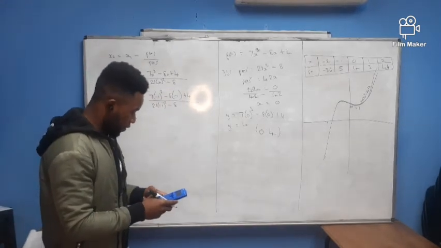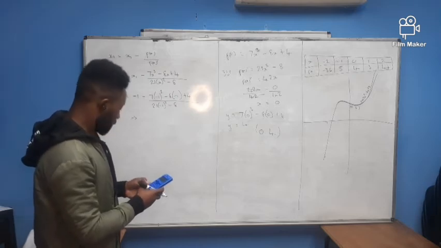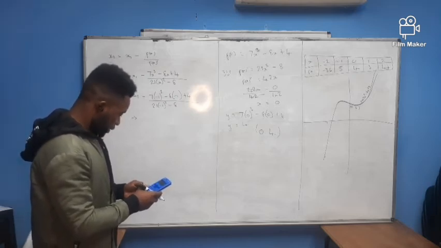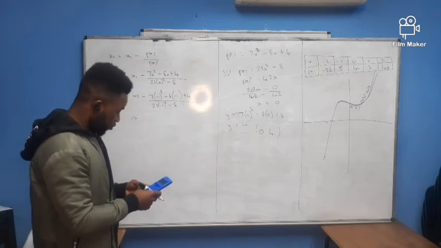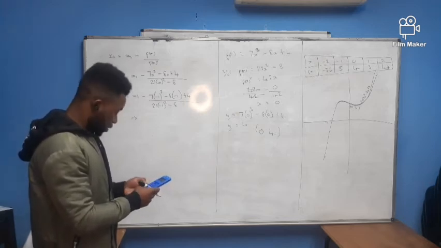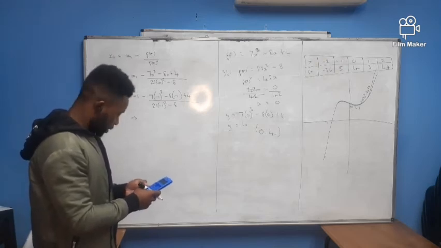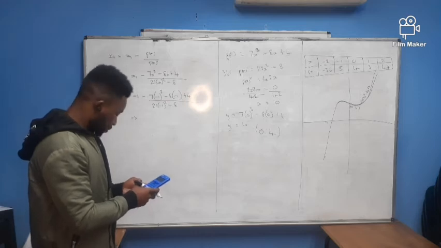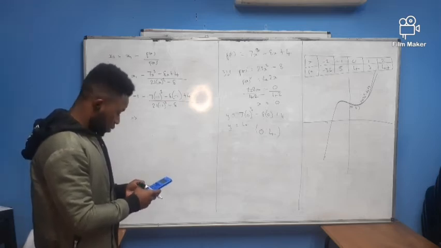So this is -1 minus 7 times (-1) cubed minus 8 times (-1) plus 4, divided by 21 times (-1) squared minus 8.